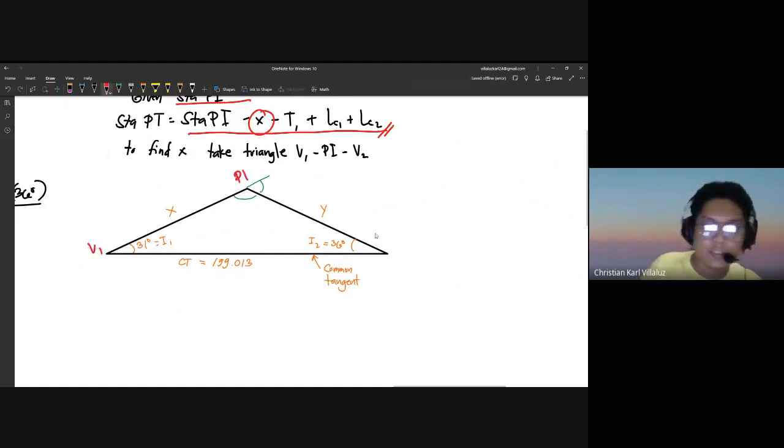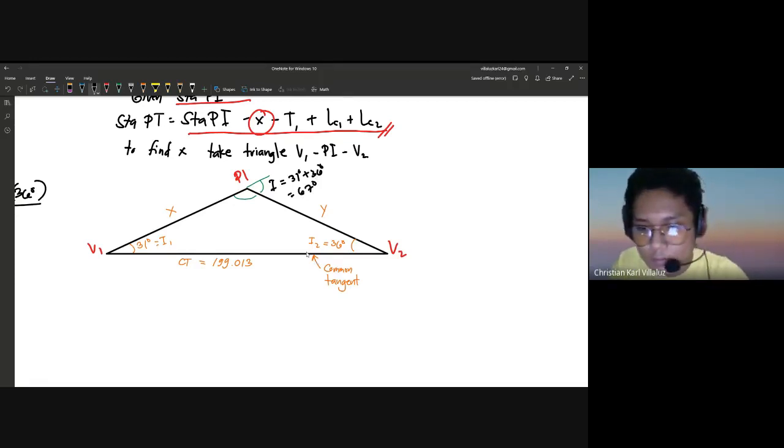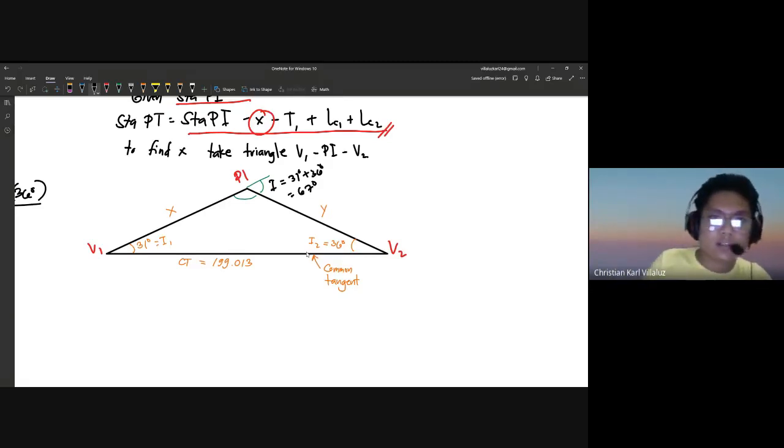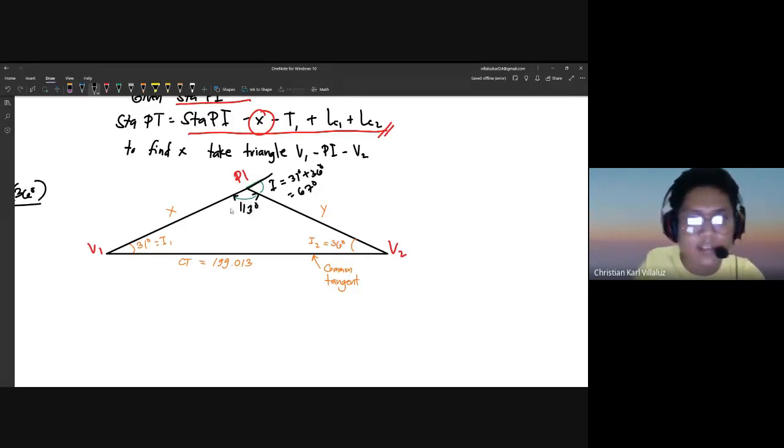Ito yung vertex 1, vertex 2. So, ito naman yung angle of intersection which is 31 plus 36 degrees which is equals to 67. Tama ba? 67 degrees. So, ang equivalent, yung supplementary angle niya, 180 minus 67 is 113 degrees. Ito naman yun, equivalent nitong angle na to. Let's say theta.